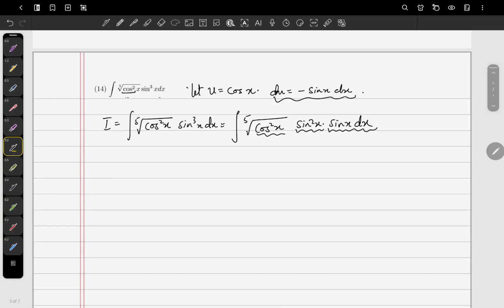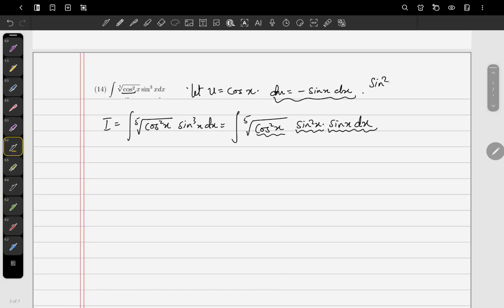And that is where the Pythagorean identity comes into play. We know that sine squared x is equal to 1 minus cos squared x. So this means the integral will change to the fifth root of u squared, or let me write it out in this way first. Cos squared x times 1 minus cos squared x times sine x dx.